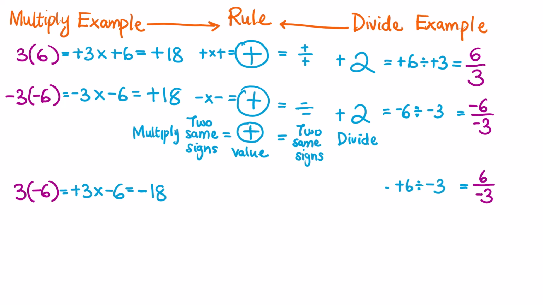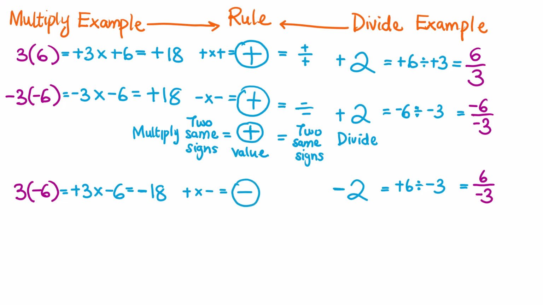That means positive divided by negative gives you a negative, and 6 divided by 3 gives you 2.